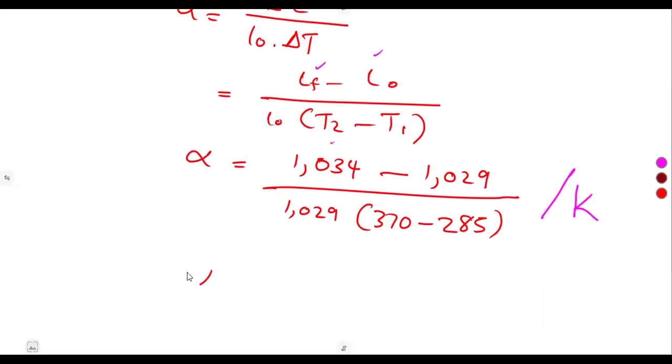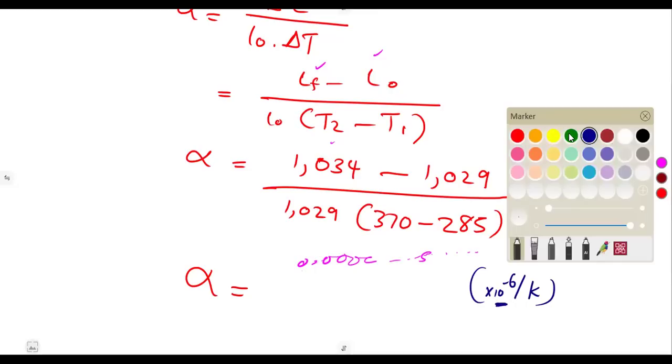So let us simplify, guys. We're going to get a value, 0.0000, whatever you have, 5, what is it? So the best unit that we can use, as we have per Kelvin, is times 10 to the exponent of minus 6 per Kelvin. To have that unit, what do you do? You multiply by the opposite.